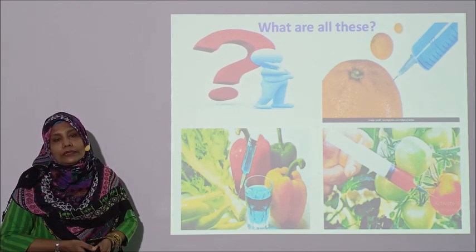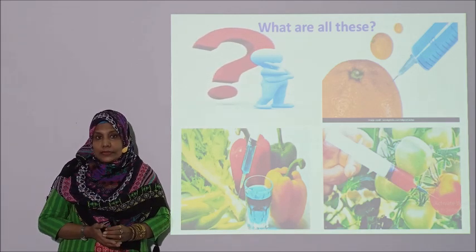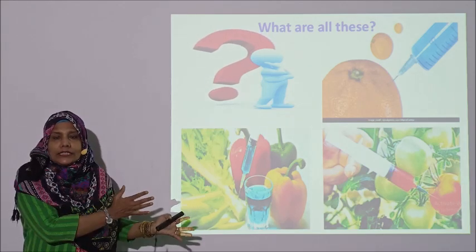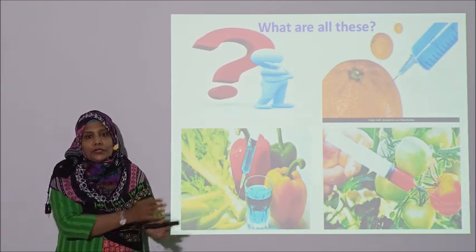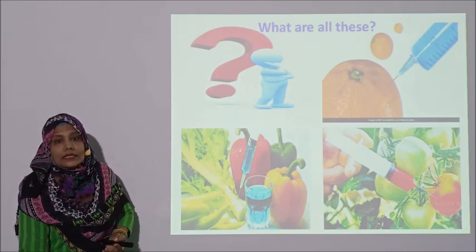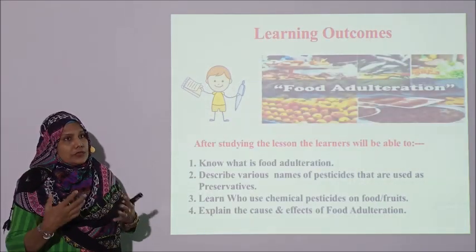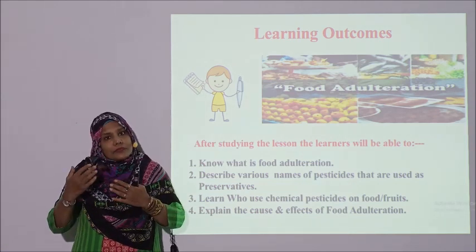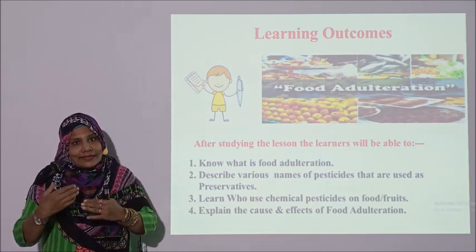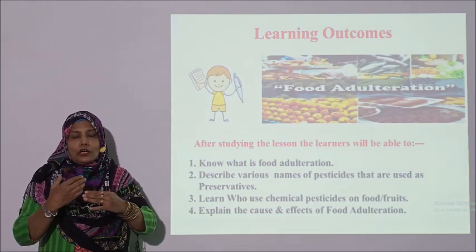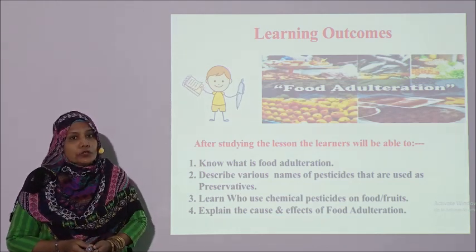So what are all these? Is it good for us? Natural food with something injected into it is not good for us. These exactly are something mixed in food, a harmful mixture with food, and it is not good for us.